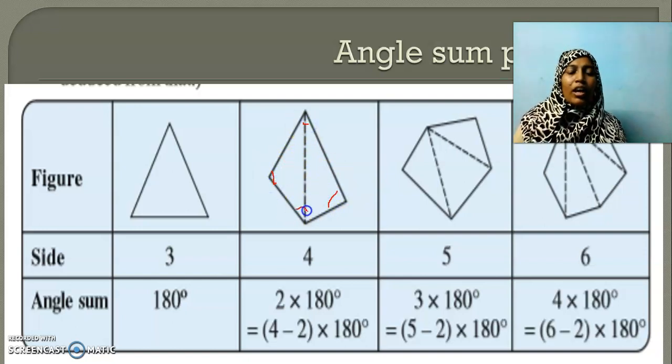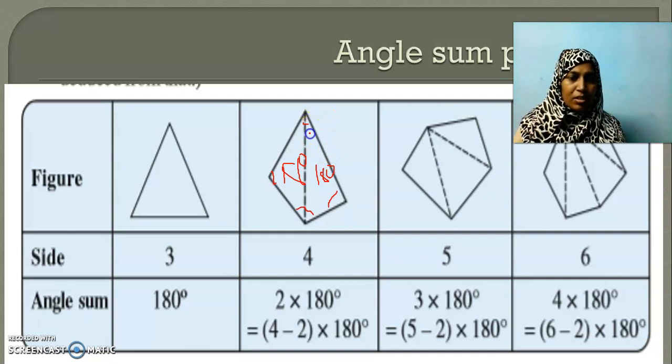Another way of getting it is, I can divide this whole quadrilateral into 2 triangles. The other half of the quadrilateral is again a triangle. The sum of all the angles in this triangle is 180, and here also the sum of all the angles is 180 degrees.